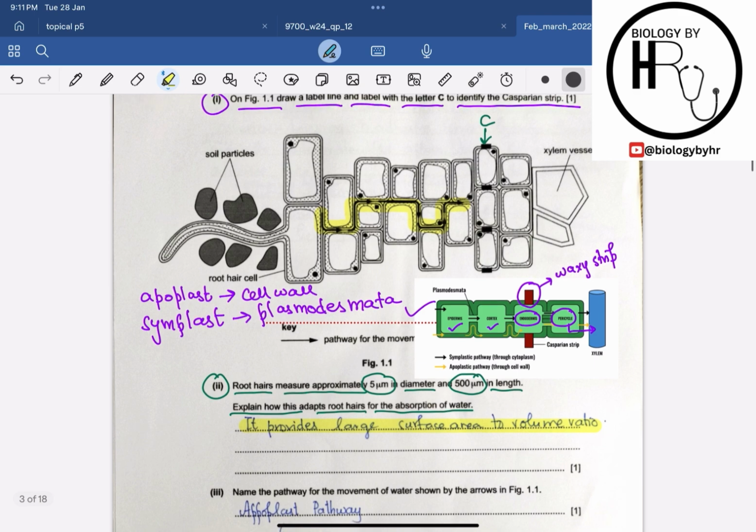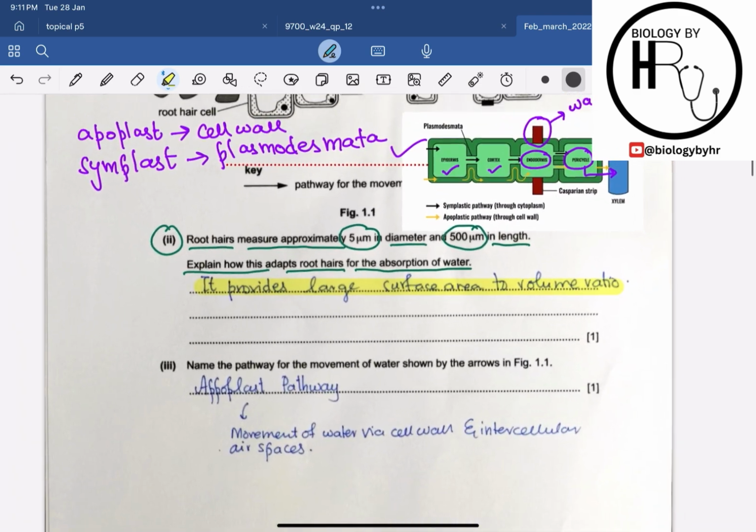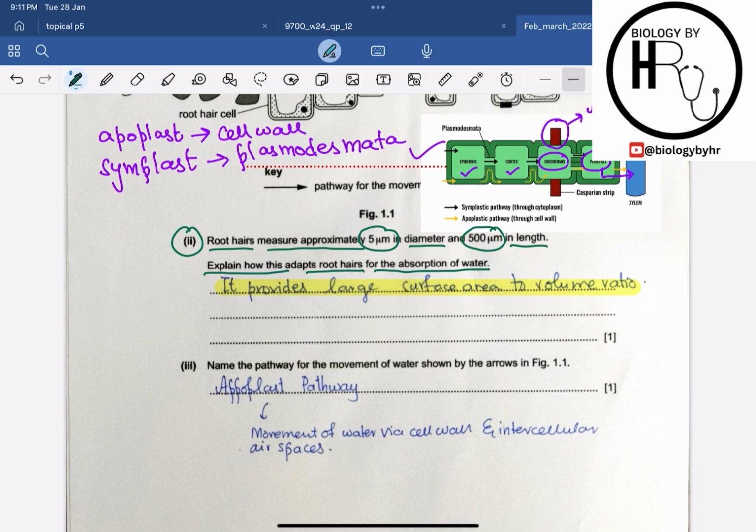So basically these dimensions are helpful in providing the large surface area to volume ratio for the root hair cells to absorb the water more efficiently.